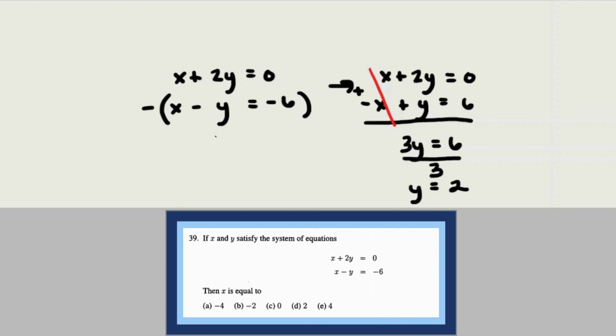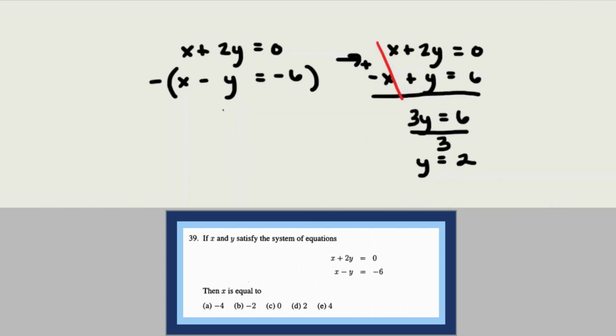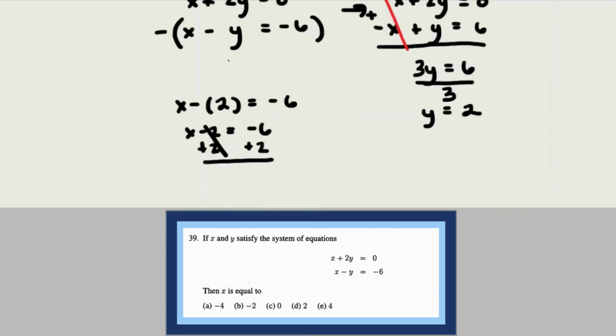So for this one, I'm just going to do x minus 2 equal to -6. And then we're going to do plus 2. This will cancel out and we'll get x equal to -4. And the answer choice that lines up with what we got is going to be answer choice A.